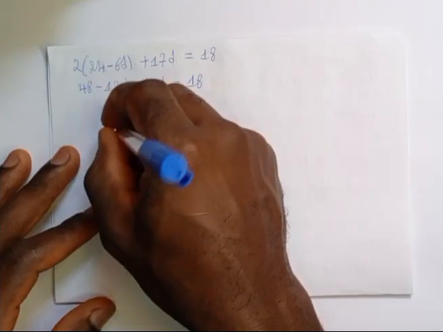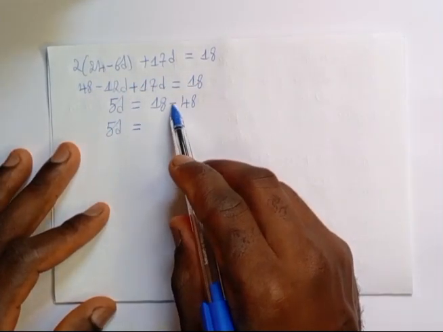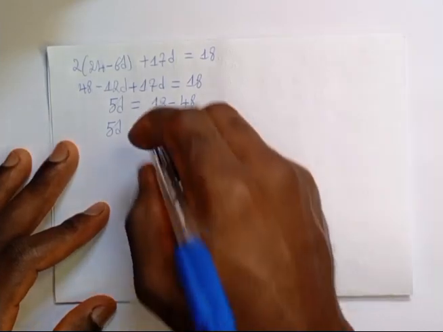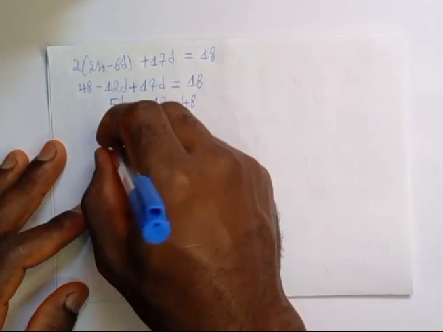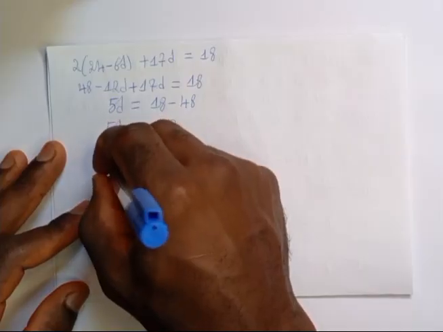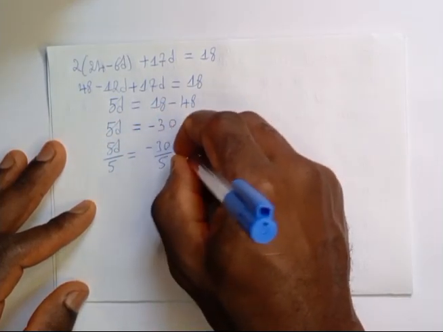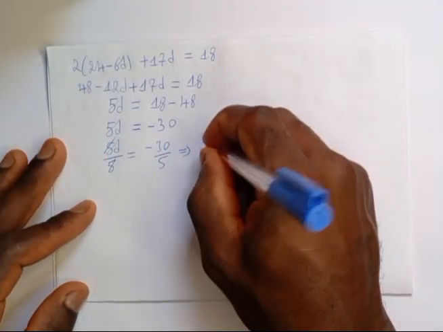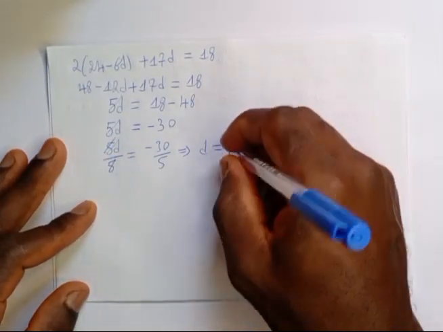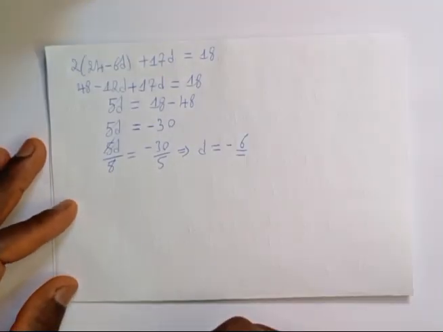This will give us 5d to be equal to 18 minus 48 gives us negative 30. Dividing both sides by 5, at the left hand side 5 will cancel 5, d will simply be equal to negative 30 divided by 5 gives us negative 6. This is the common difference.